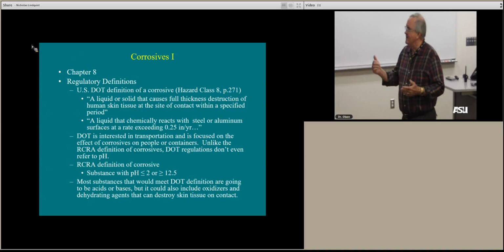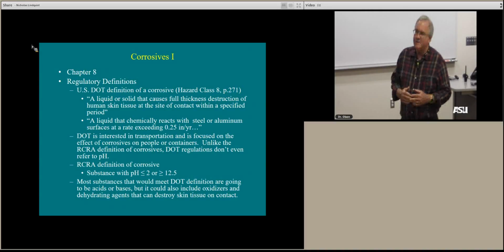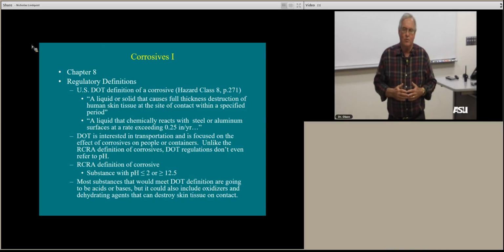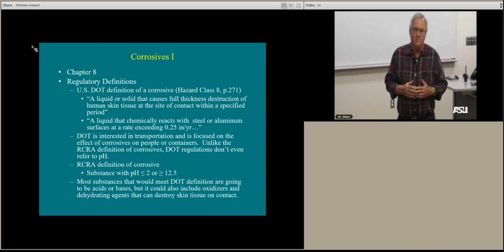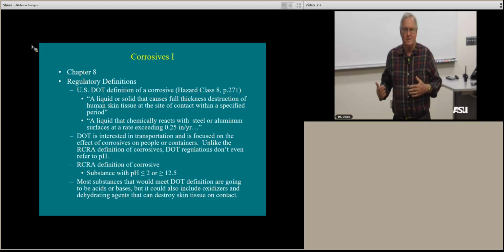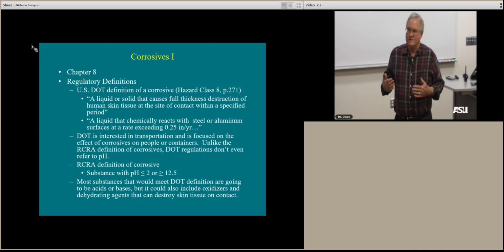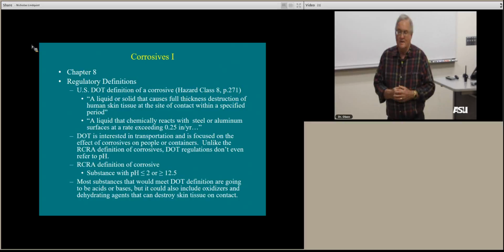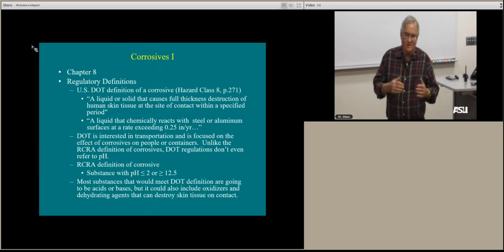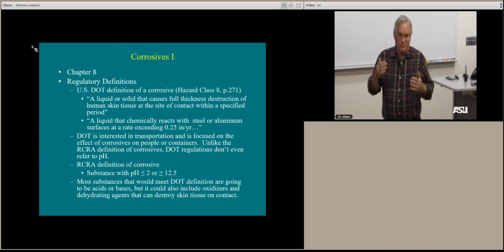And so one thing here on this first slide is that there are some different definitions of what a corrosive is, depending upon whether you're talking about RCRA, the Resource Conservation and Recovery Act, which defines one category of hazardous waste as corrosives. Those of you that have had a class on haz waste will remember that there are some different characteristic, what we call characteristic hazardous waste.